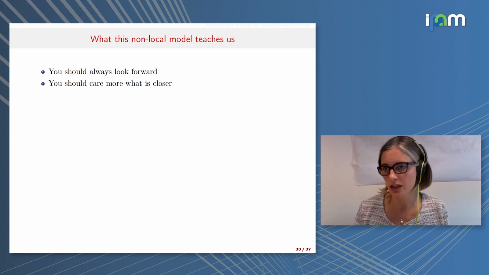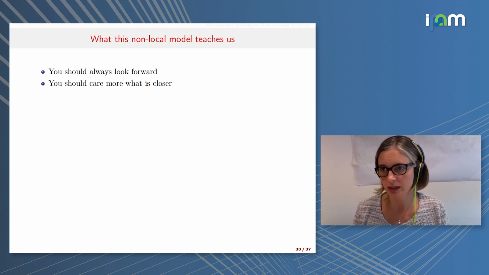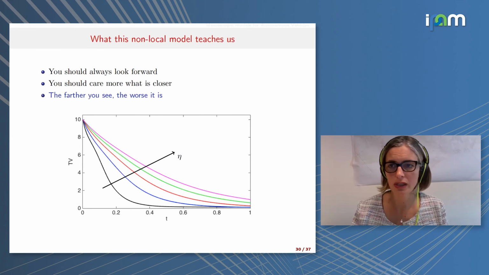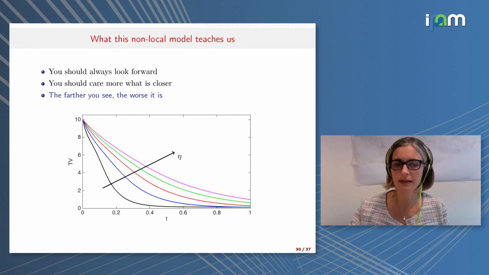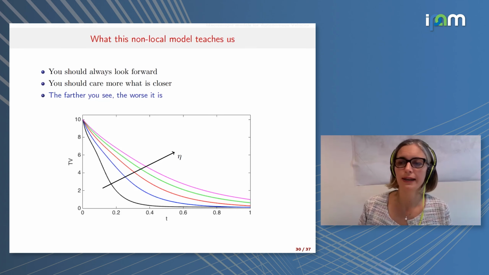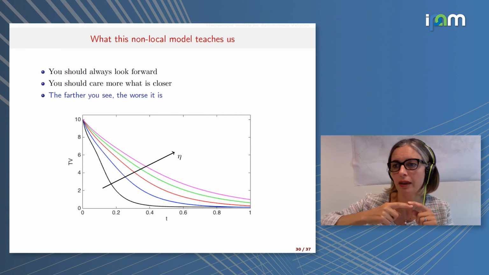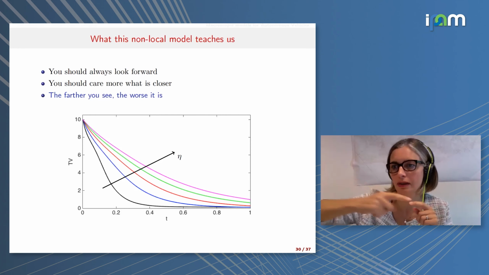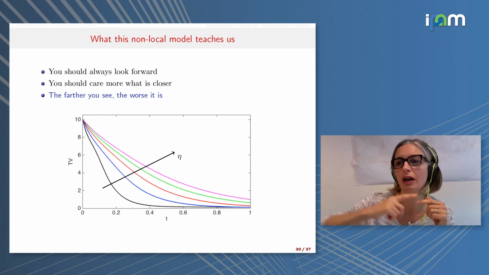We agree that they should look forward and they should pay more attention to what is closer, but we also observe that the speed of dampening of oscillations in traffic increases with the kernel support.